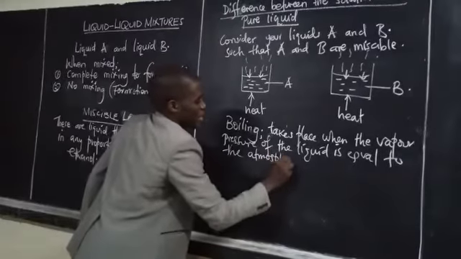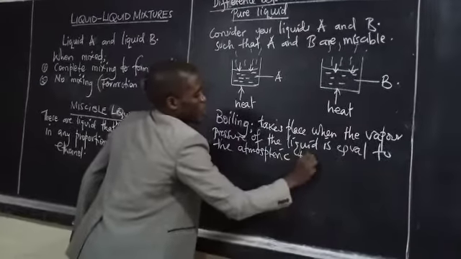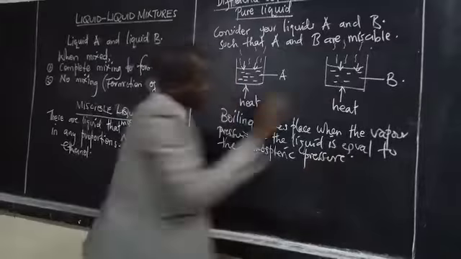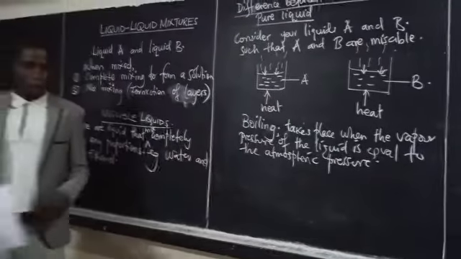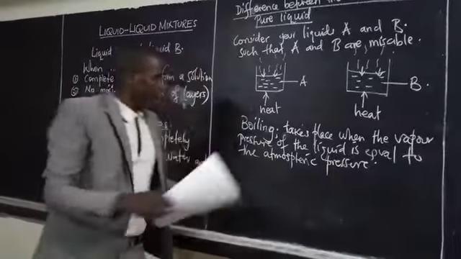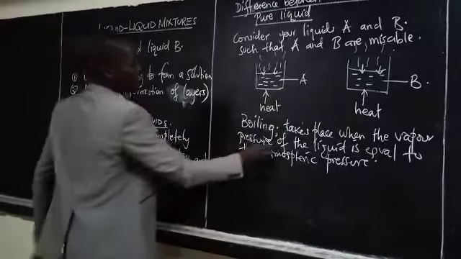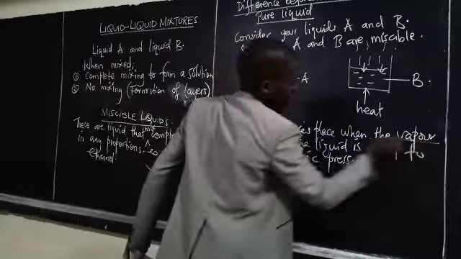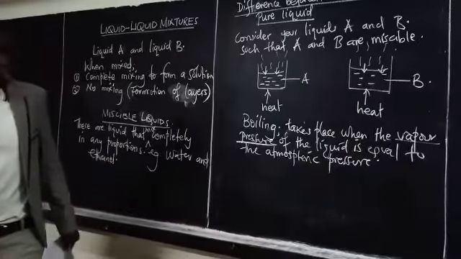Please, we are assuming that, at least you know, for boiling to take place, vapor pressure must be equal to atmospheric pressure. I want us to choose those two words.